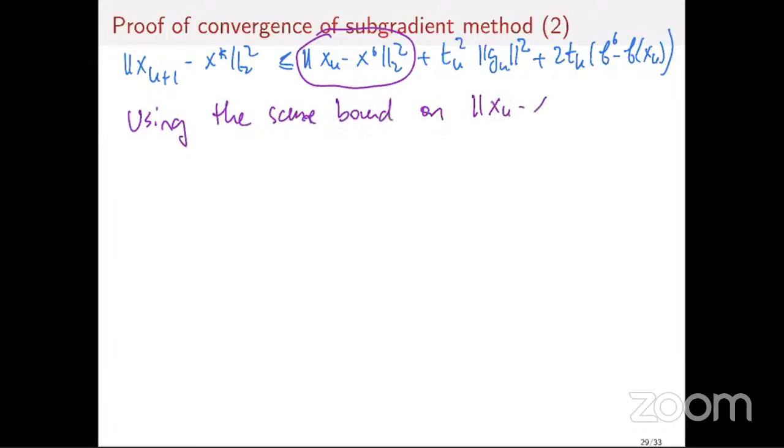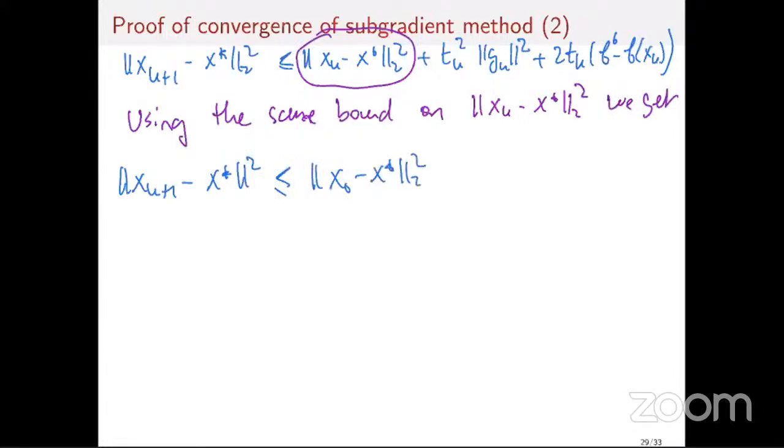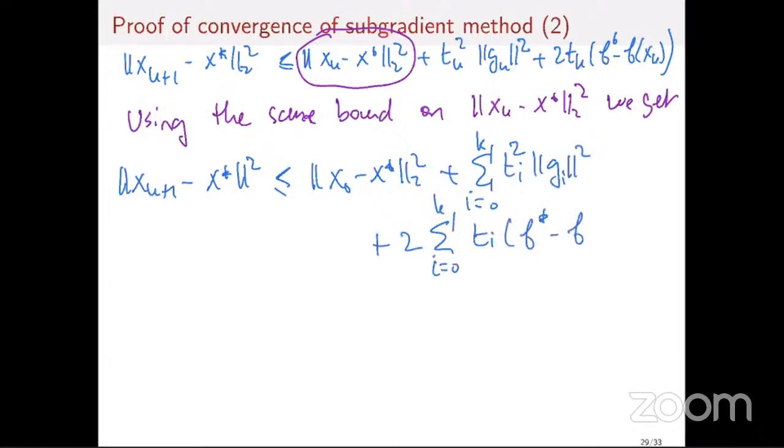Going all the way up to 0, what we get at the end is that the norm of x_{k+1} minus x star squared is less than the norm of x_0 minus x star squared, plus the summation of t_i squared norm of g_i squared, i going from 0 to k, plus 2 times the sum from i equals 0 to k of t_i (f star minus f of x_i).